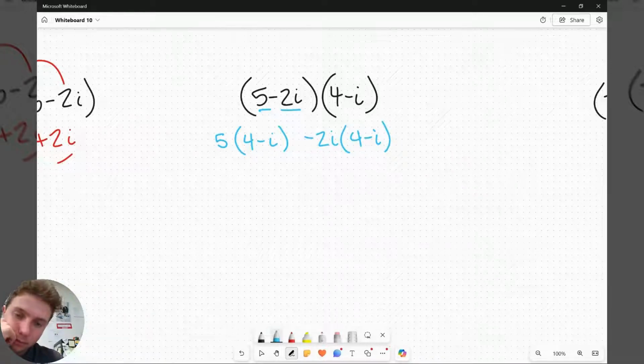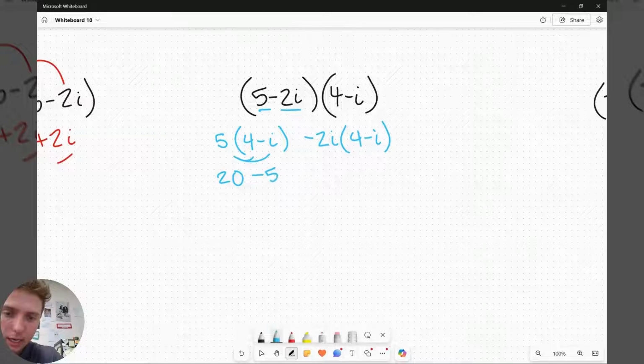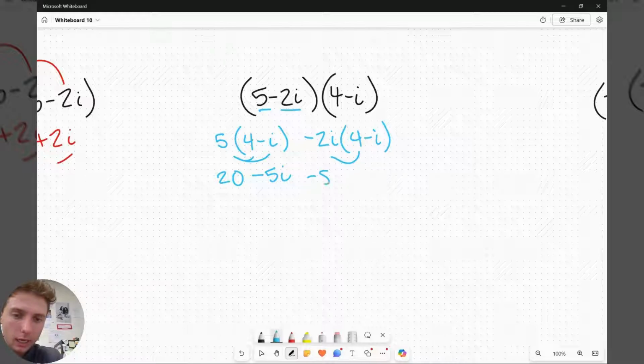Now let's actually distribute to the inside. 5 times 4 gives me 20. 5 times negative i gives me negative 5i. Distribute for the second set as well. Negative 2 times 4 is negative 8. Make sure the i goes with it.